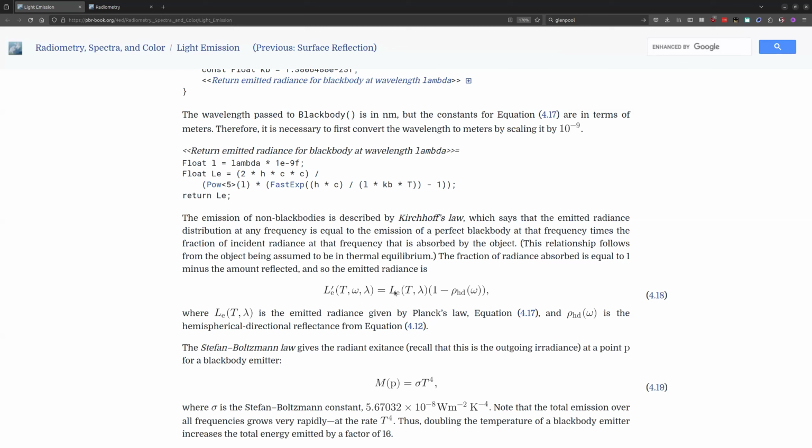Wait, I need to reread this. It's emission of a perfect black body times the fraction of incident radiance at that frequency. Oh, okay.